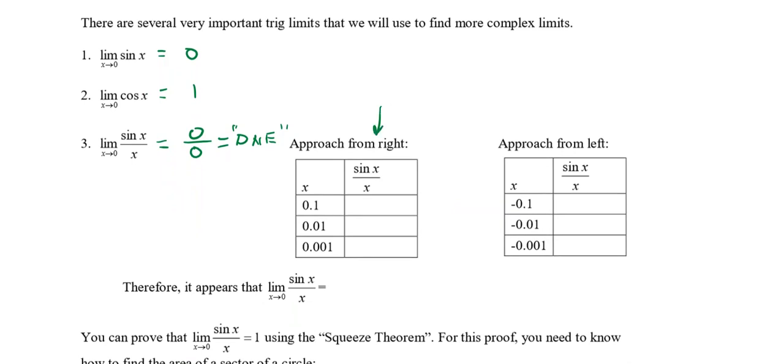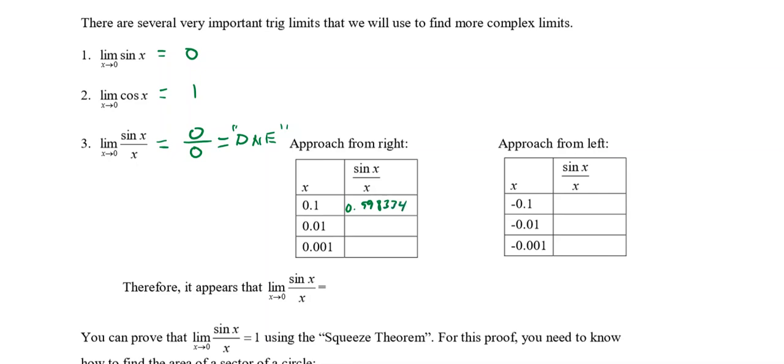Let's approach it from the right, and then let's approach it from the left and see what number we're actually approaching. You can probably tell by the tone of my voice that it will exist here in the end. Anyway, if we throw 0.1 in for x, top and bottom, we end up getting 0.998334.